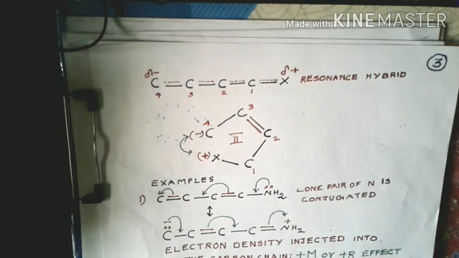Here the group X donates its electron density to the system, conjugated system, and so electron density of the conjugated system is increased, and this effect by which a group attached to a conjugated system injects electron density into the conjugated system is called plus M, plus mesomeric effect, or plus resonance effect, or plus R effect.